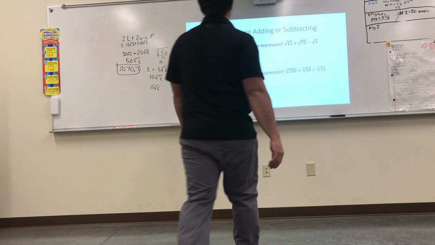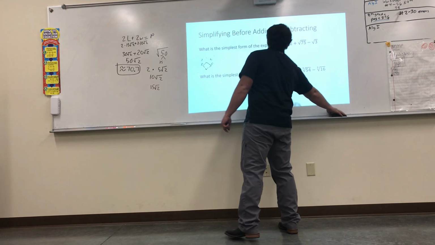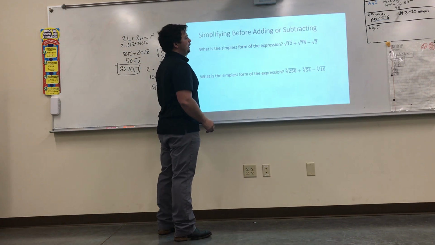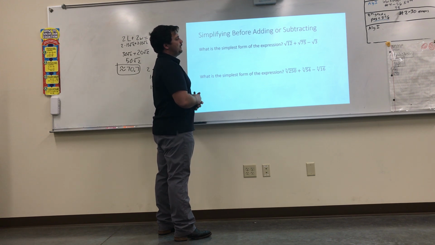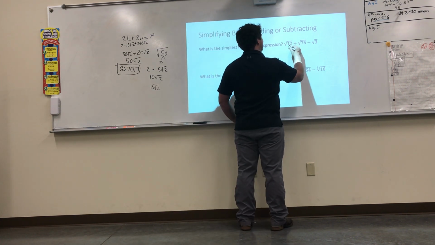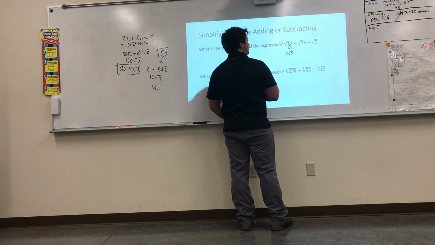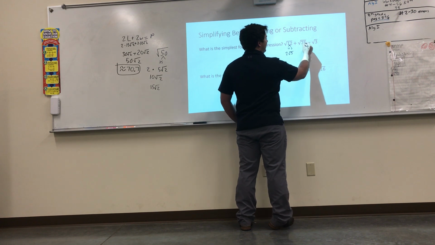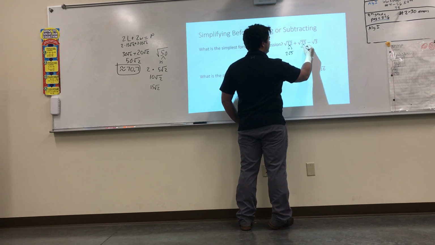Alright, what is the simplest form of the expression? The square root of 12 plus the square root of 75 minus the square root of 3. Alright, we take this. We have 4 and 3 here, which means we have a 2 square root 3. Because we can't take the square root of 3, we can take the square root of 4 and we get 2. Here we'd probably take out 25, which would leave me 3.